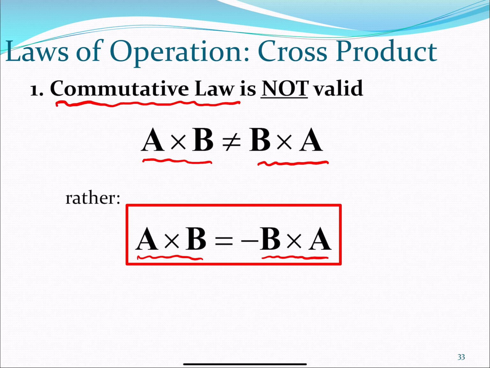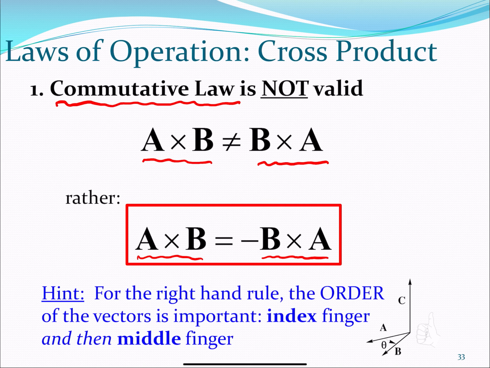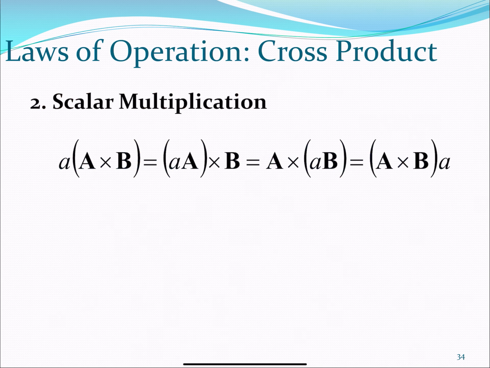What happens if we multiply times a scalar? If we multiply times a scalar, we find that a scalar a times A cross B is the same as multiplying the first vector or the second, or multiplying everything at the end. It'll make no difference.